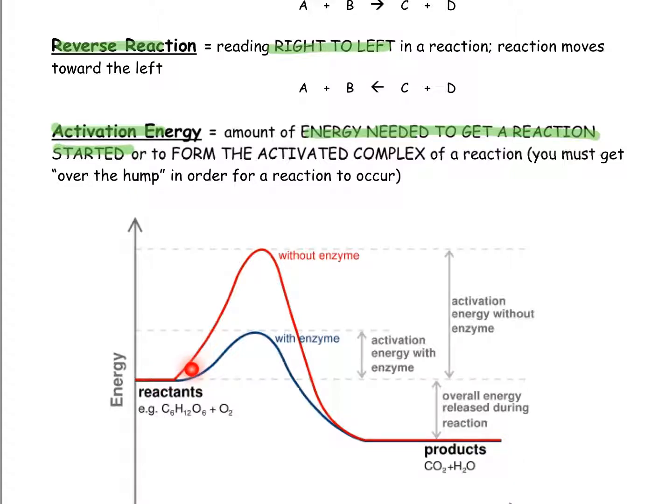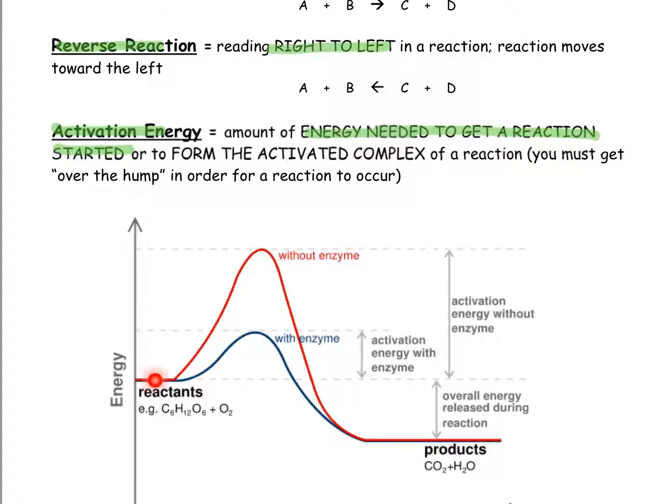If I do not have enough added energy to reach this point, I won't keep going over. If I have enough energy to reach right here, it still won't occur. I have to have enough energy to reach all the way to the required activation energy amount. This is the amount of energy required to break the bonds, to activate and start the reaction. Once I have this much energy, the reaction can occur.